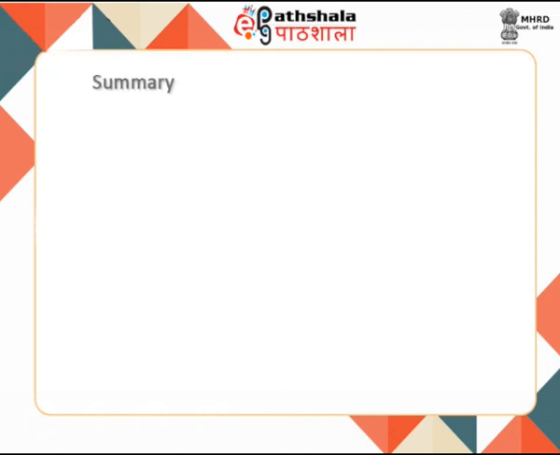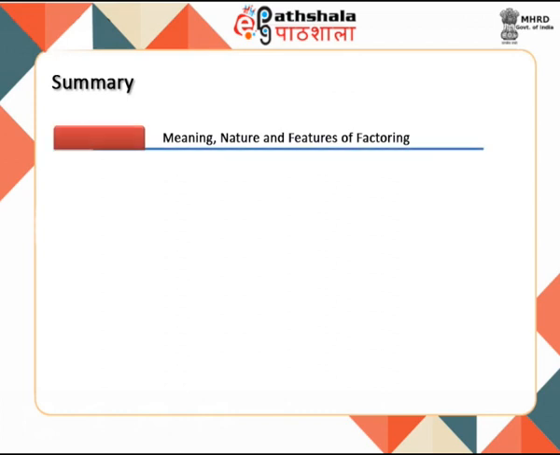Let us now recapitulate what we have learned in this module. We have studied about factoring, its meaning, nature, and features. Factoring is the finance given to trading and manufacturing firms by purchasing trade debts and helping in their collection.